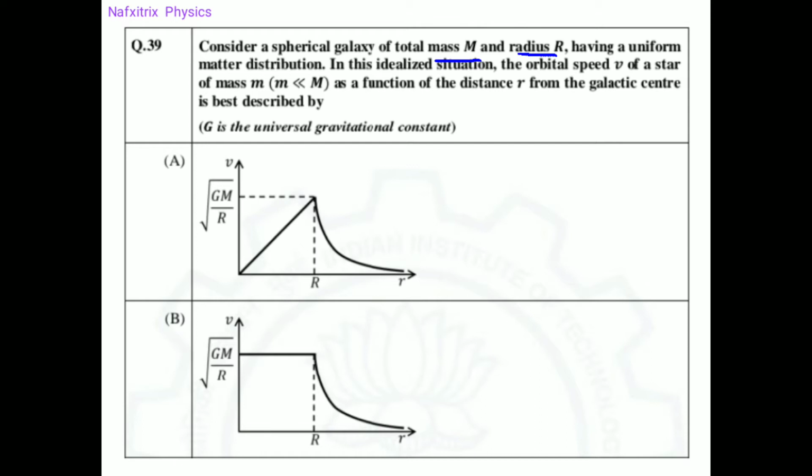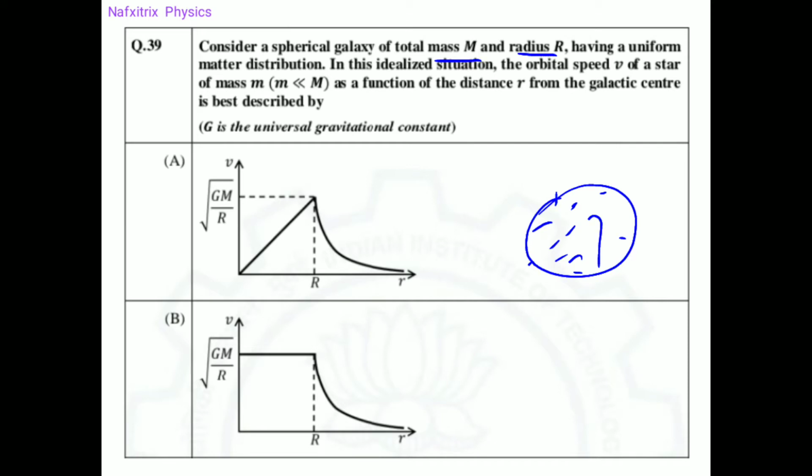So the total mass of that galaxy is M, which means the mass of all the stars present in the galaxy is M. It's just a group of stars, different stars of appropriate colors. Each star would have its own mass. So the total mass of the galaxy is the mass of all these stars, and it is of radius capital R, having uniform matter distribution.